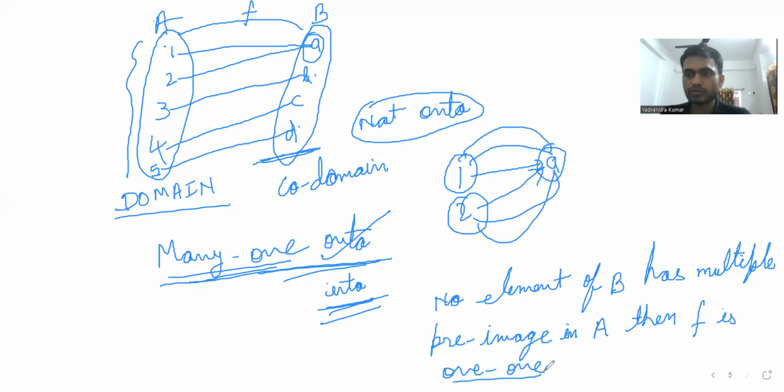This is the definition of 1-1. And if it is not 1-1, it is contrary, then it is going to be many-one. So you can also understand it like that.